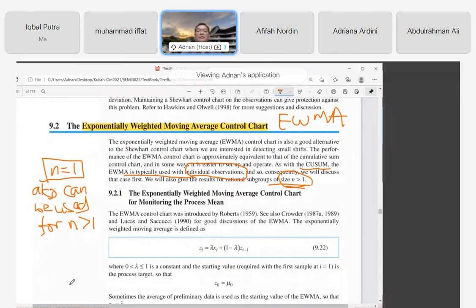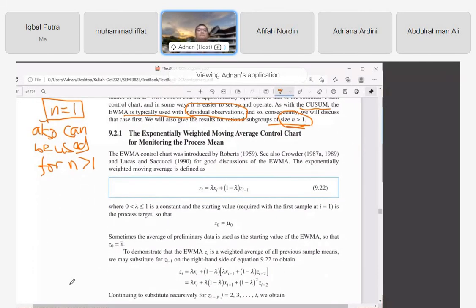Before the formula, EWMA was introduced by Roberts. We know that the X bar chart was introduced by Shewhart. Roberts introduced this exponentially weighted moving average. So the formula is based on this one: z_i equals lambda x_i plus 1 minus lambda z_(i-1).